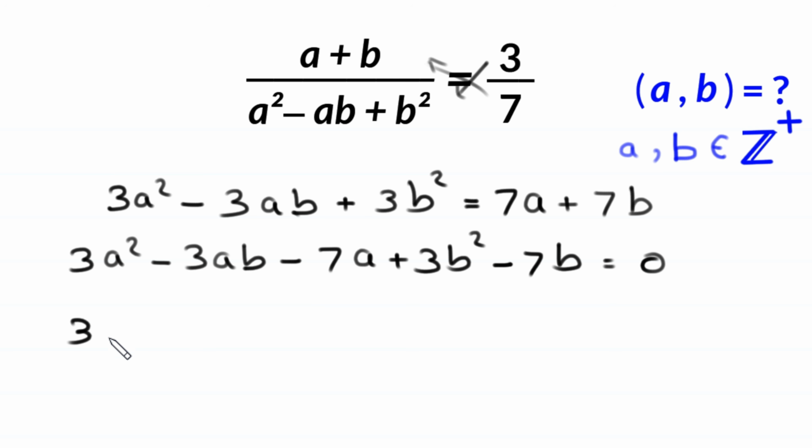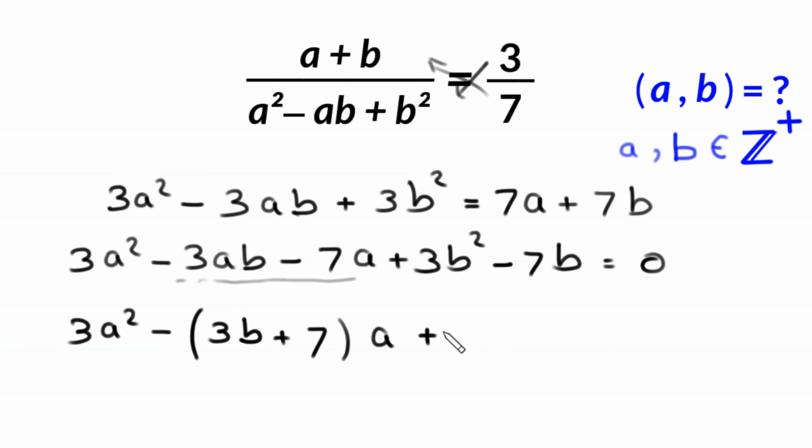Next, 3a squared. From these two terms we can factor out negative a. So negative a as common factor, in bracket left 3 times b plus 7, plus this 3 times b squared minus 7 times b equal to 0.